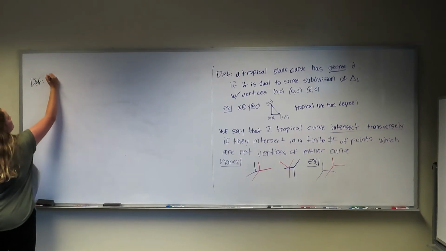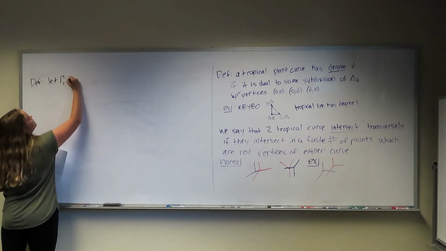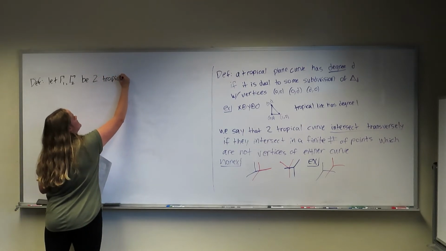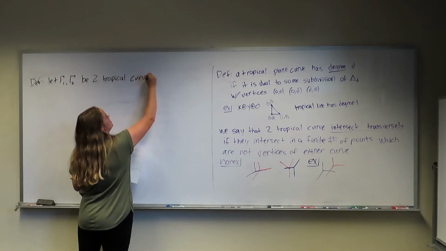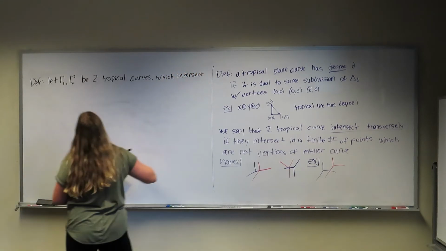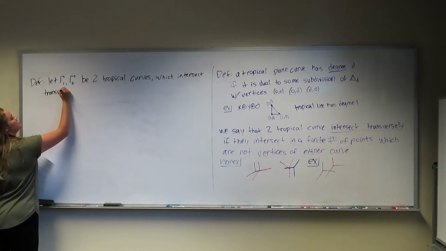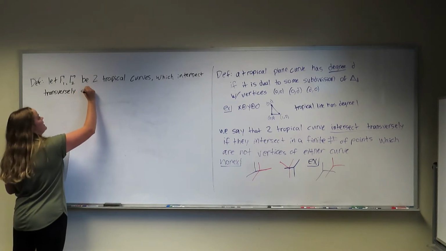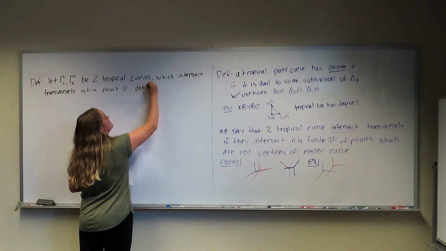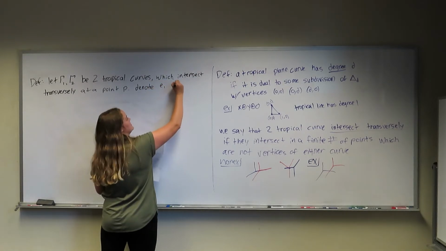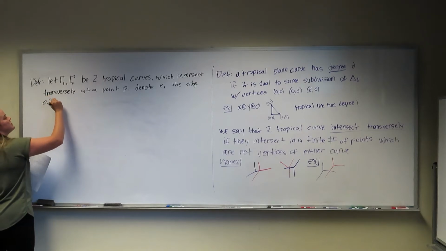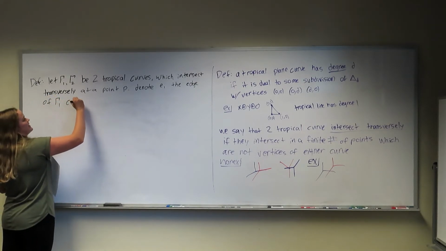Okay, another definition. If we have two tropical plane curves which intersect transversely at a point P, we're going to denote E1 as the edge of gamma 1 containing the point of intersection.